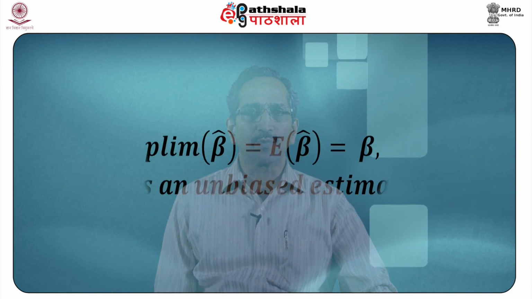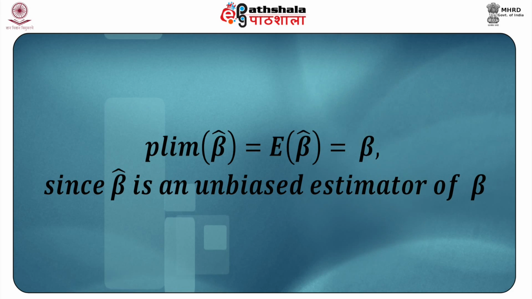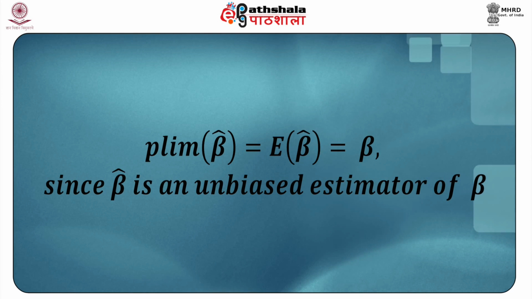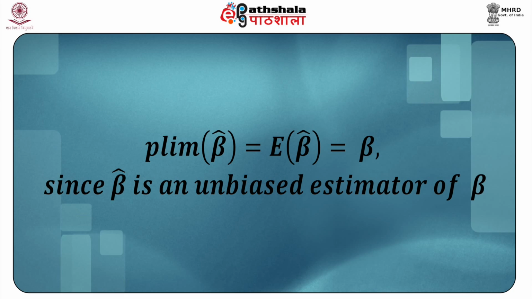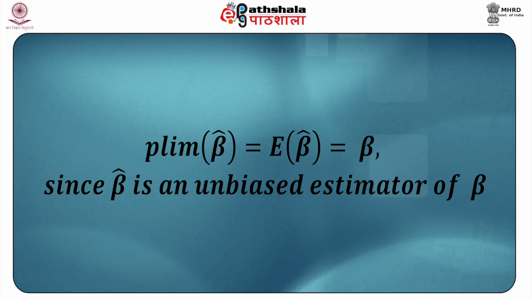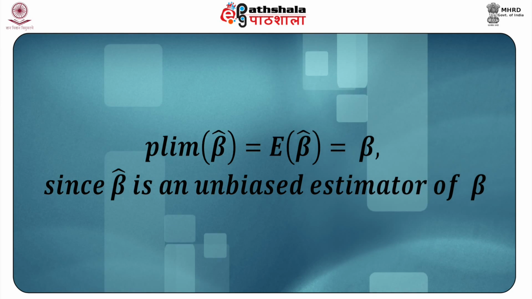That is, probability limit of beta hat is equal to expected value of beta hat, and this is equal to beta, since beta hat is an unbiased estimator of beta. Hence, the OLS estimator is consistent. Note again that this proof did not require any assumption on the variance of the error term. So, the presence of heteroscedasticity will not alter the consistency property of OLS estimators.